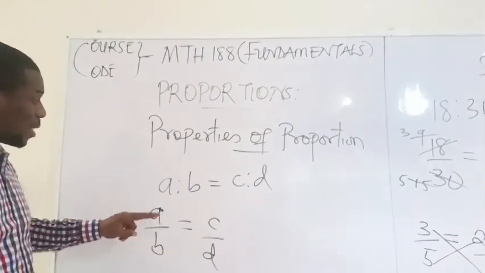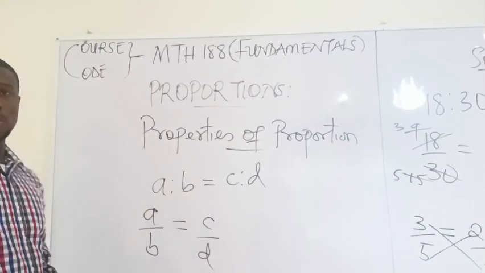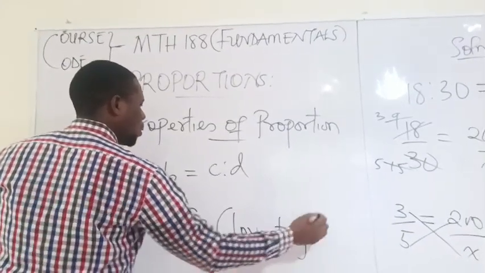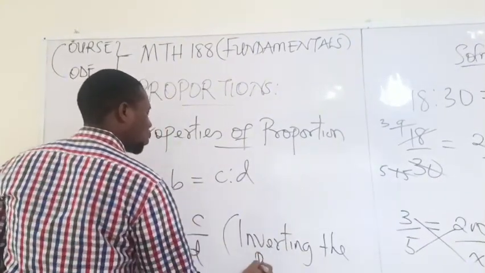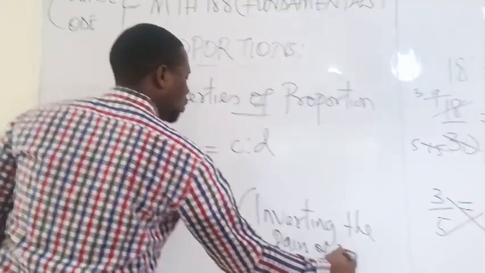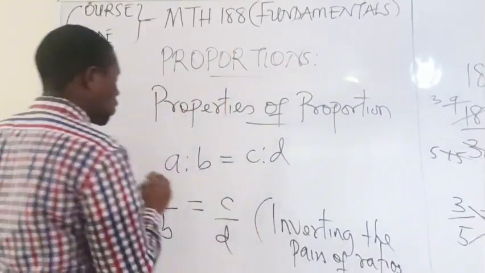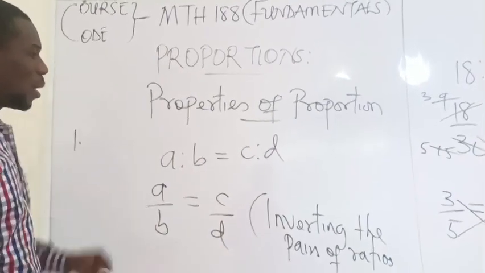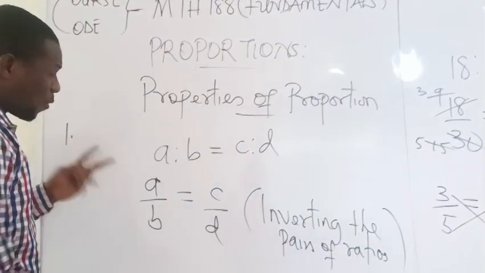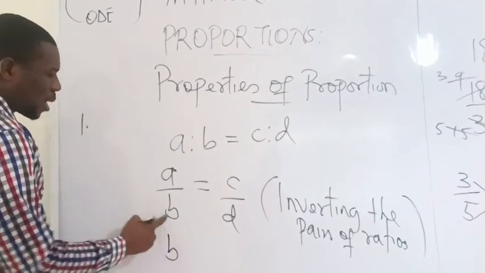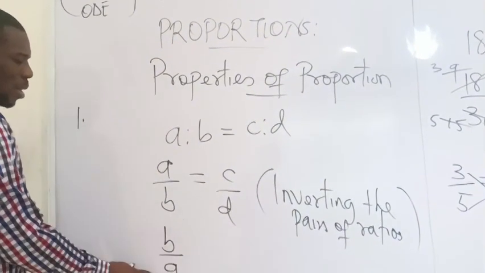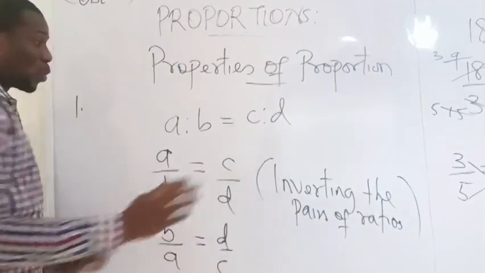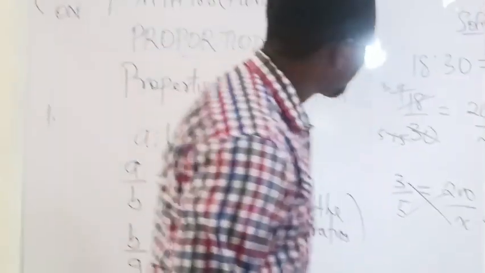Inverting means I could flip each pair of the ratios. And by the way, this is the first property: inverting the pair of ratios. Once I flip this over, I get ratio B to A as D to C.